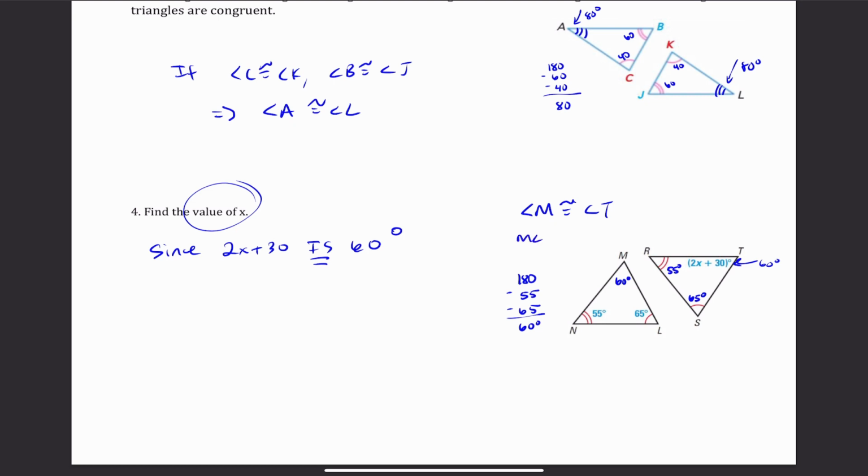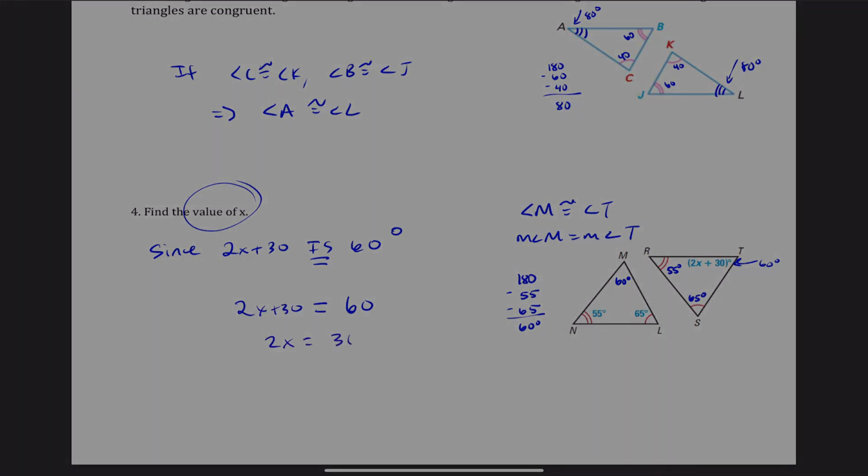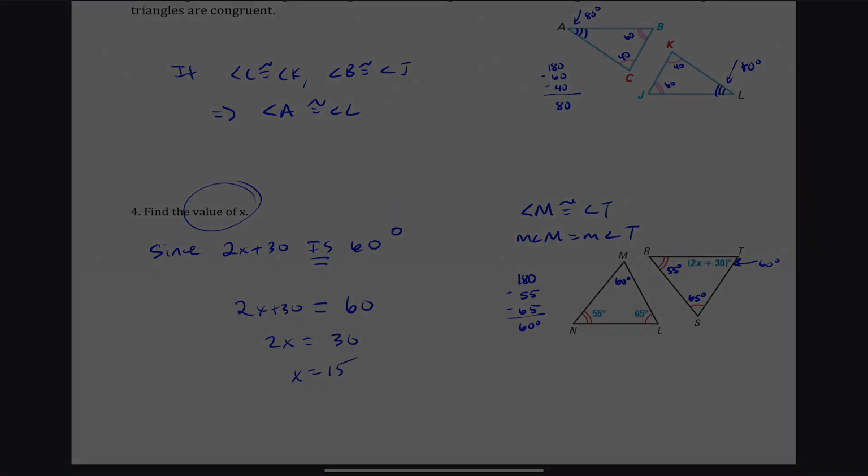So the measure of angle M has to equal the measure of angle T, since 2x plus 30, remember, "is" means equal, has to equal 60 degrees, right? So then I'm going to do my algebra. So x is equal to 15.